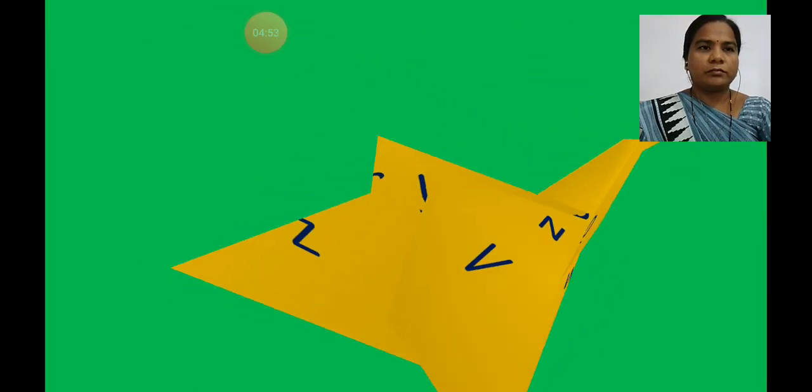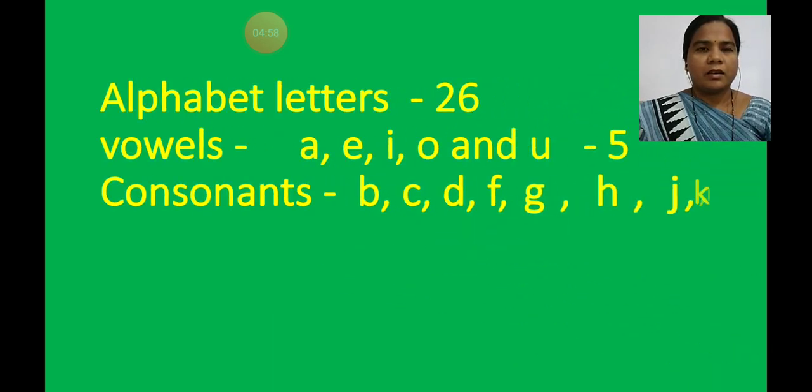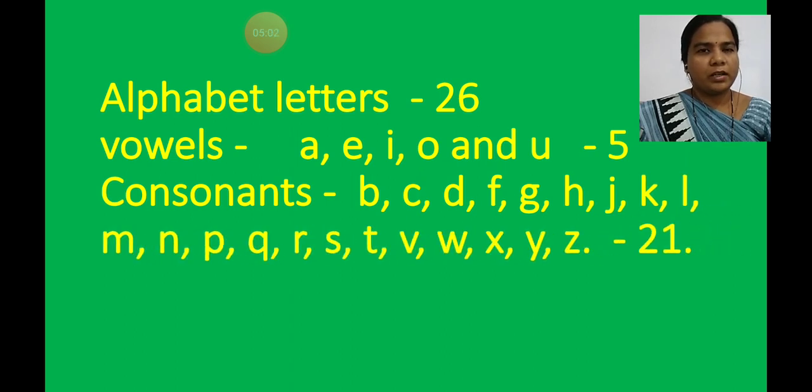So children, as I said to you, how many alphabet letters are there in the English alphabet? 26 letters. In that, there are 5 vowels: A, E, I, O and U. And except these, all the rest are consonants.